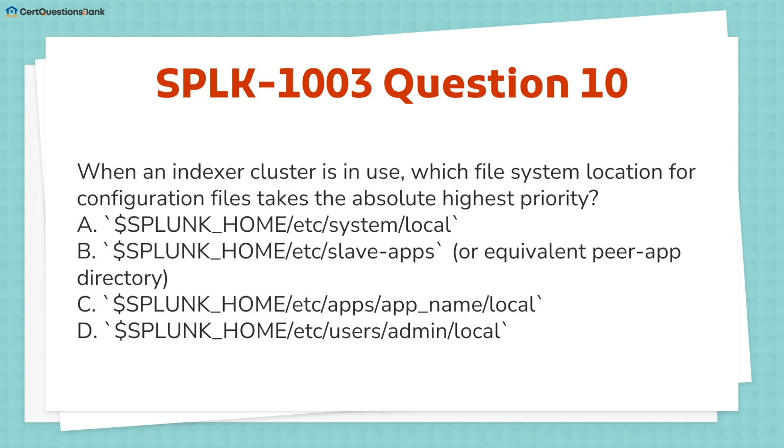When an indexer cluster is in use, which file system location for configuration files takes the absolute highest priority? A. $SPLUNK_HOME/etc/system/local. B. $SPLUNK_HOME/etc/slave-apps or the equivalent peer app directory.